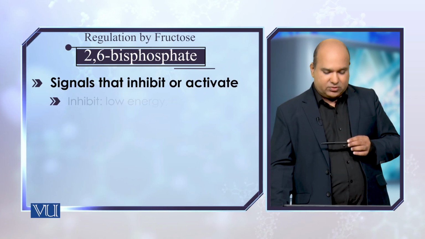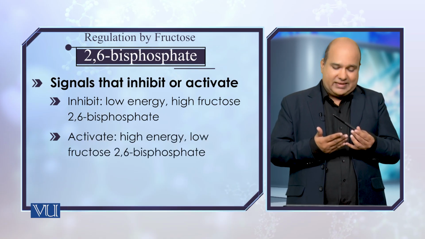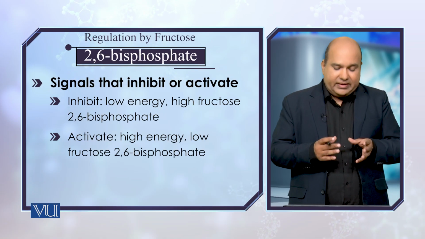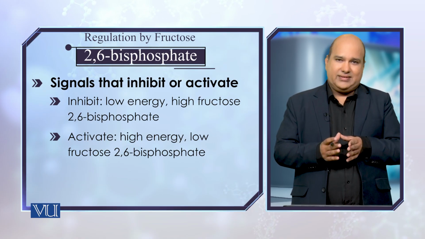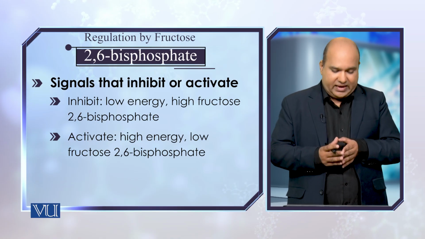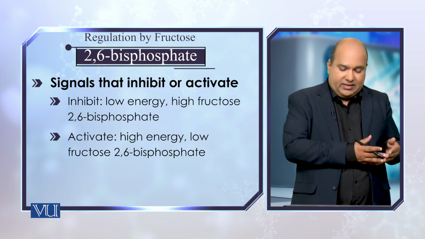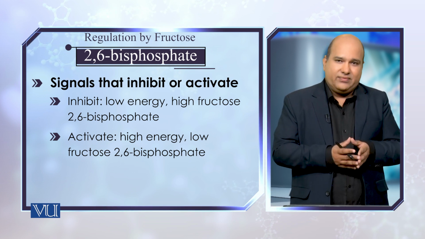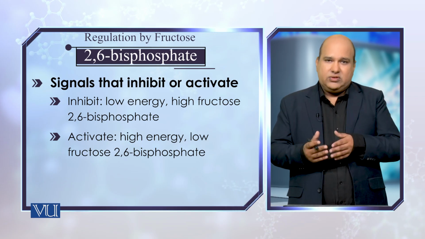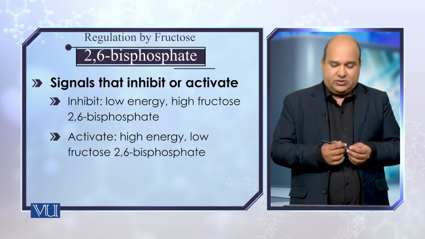Also, because this enzyme is under allosteric regulation, the insulin to glucagon ratio also affects its activity. When glucagon is high, the phosphatase is very active. When glucagon is low, the phosphatase activity is inhibited. It's no longer so active.